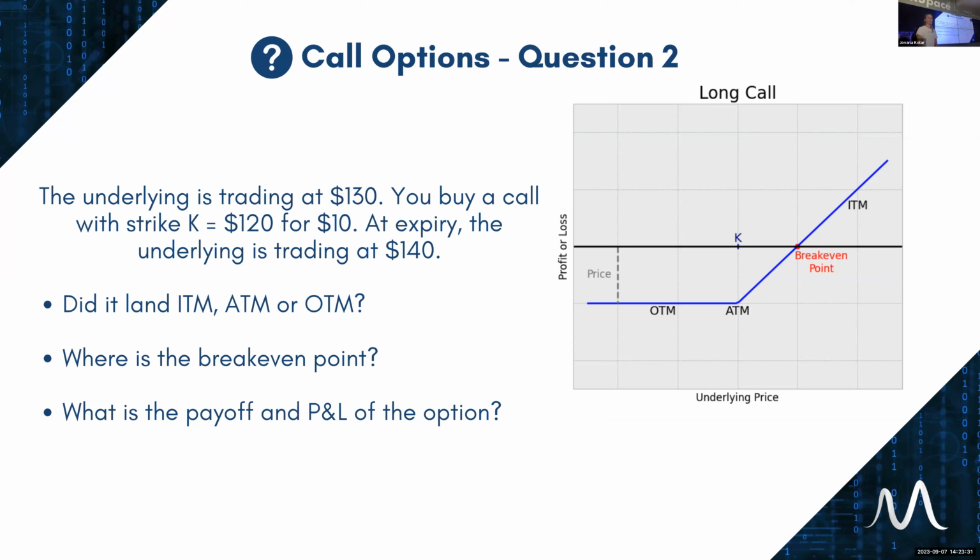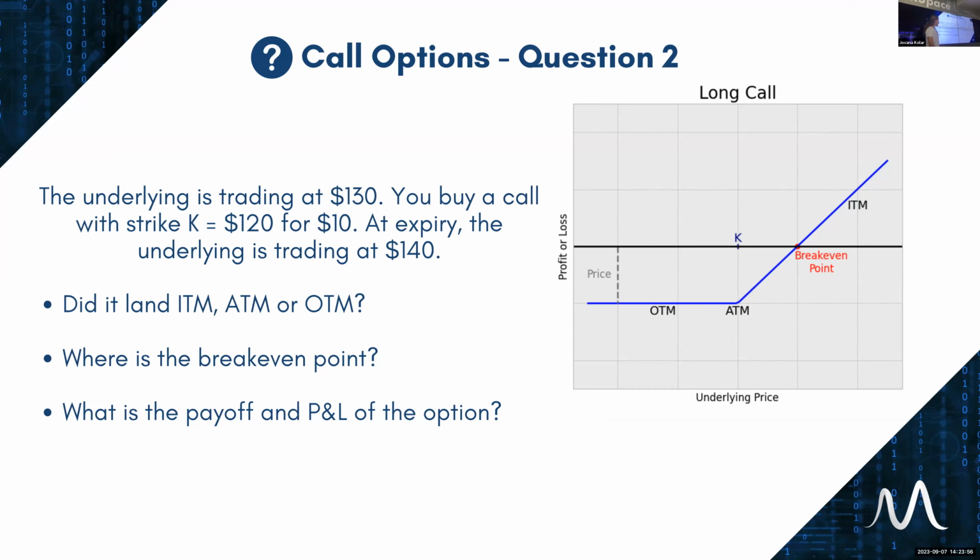That's in the money. Why is it in the money? Because the strike price is 120 and the underlying is 140. Yeah, that's right. So in this case, the underlying went above the strike, so you would want to exercise this option. And the payoff would be, well, we'll see later.